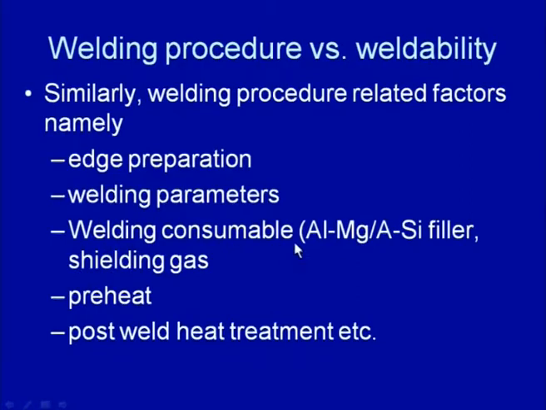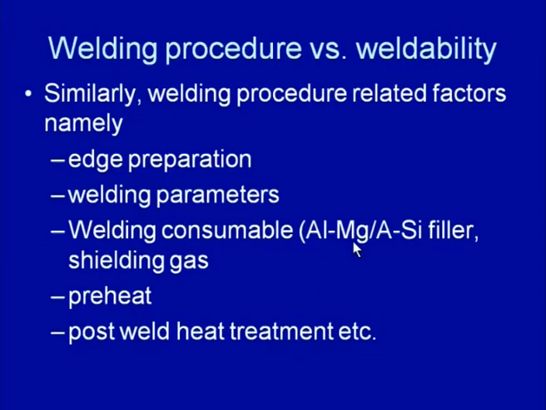Then the welding consumables: in some cases, like the use of aluminum-magnesium as a filler, it causes a tendency for solidification cracking, while the use of aluminum-silicon filler sometimes decreases the solidification cracking tendency.